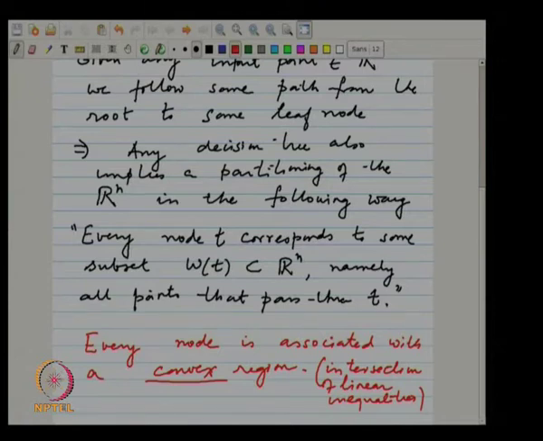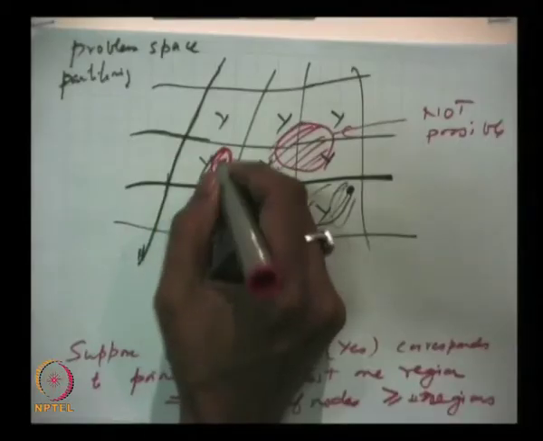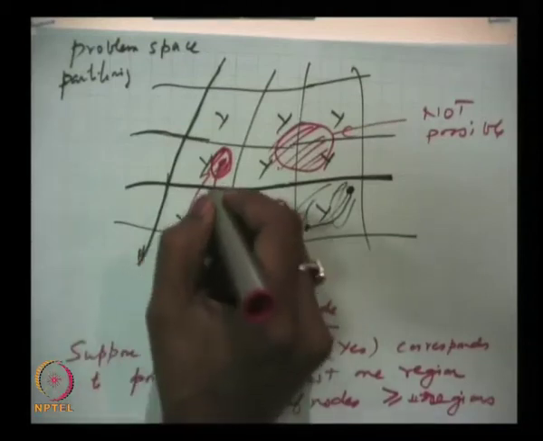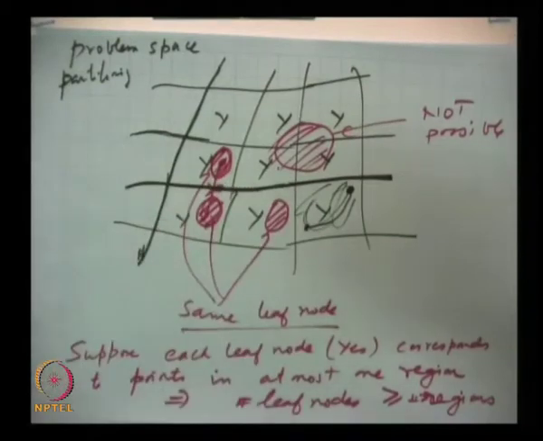That is it. So, the primary property is this, the fact that every node, and therefore every leaf node, is associated with a convex region. Therefore, if a leaf node corresponds to two such regions, it must also contain any linear combination, namely the entire segment should lie within that leaf node, which means that this point should also lie on the leaf node, which is a contradiction, because the leaf node must be unambiguous, it must be only yeses.